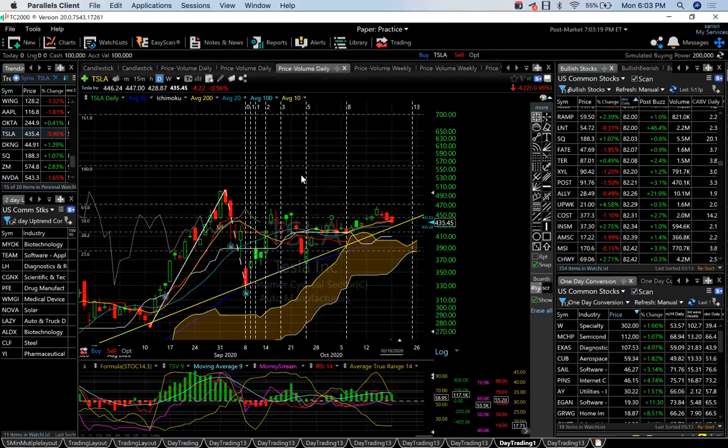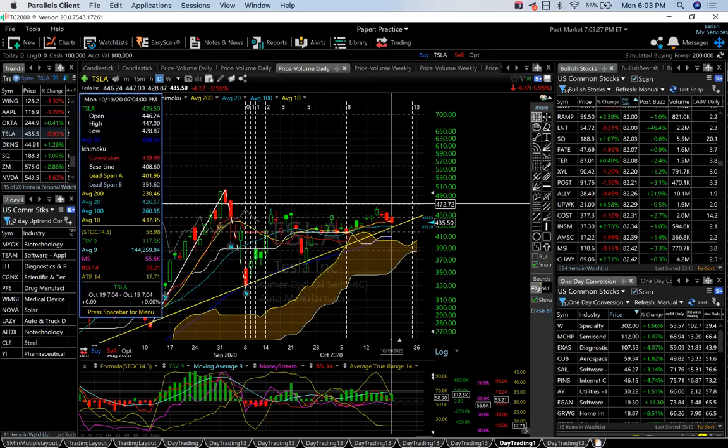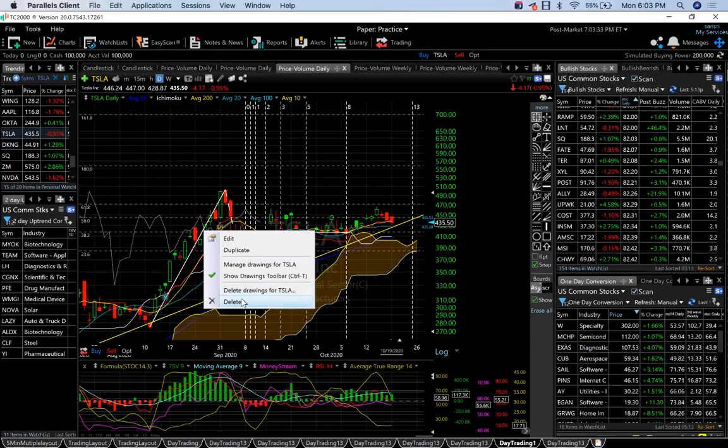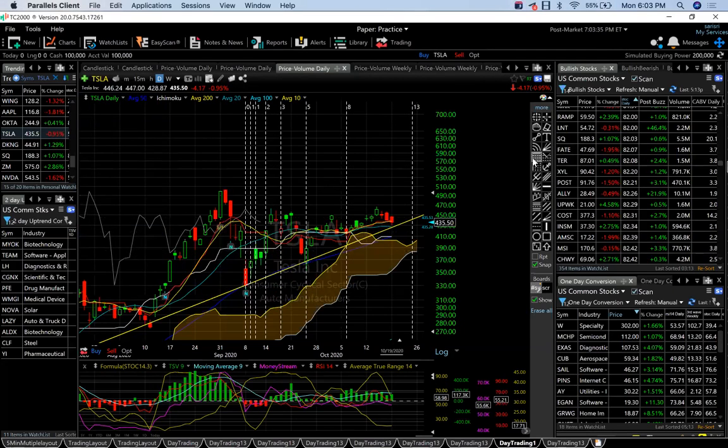If you look at it, my 100% is at 550 and I am right now at 435, and I'm looking at the next retracement level, which is at 472. So if I look at my retracements the same way, it is also going to 472.